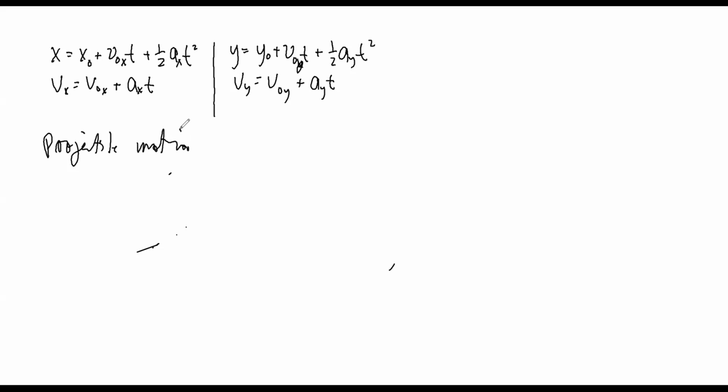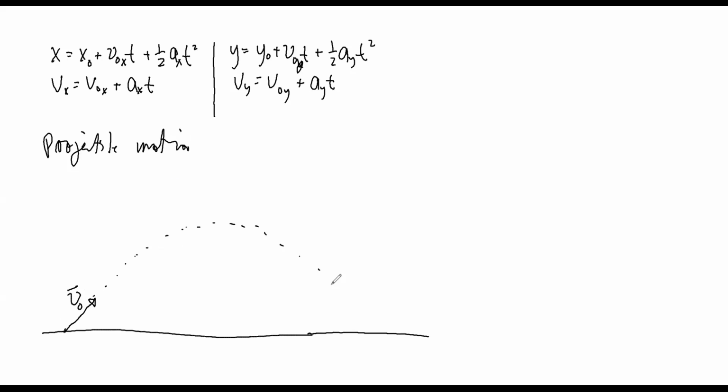well, what do I mean by projectile motion? Better clarify this first. Have an object, for example, on the ground, a rocket or something, and it's fired into the air, for example, at some angle, and after that it's not acted on by any other forces other than gravity.